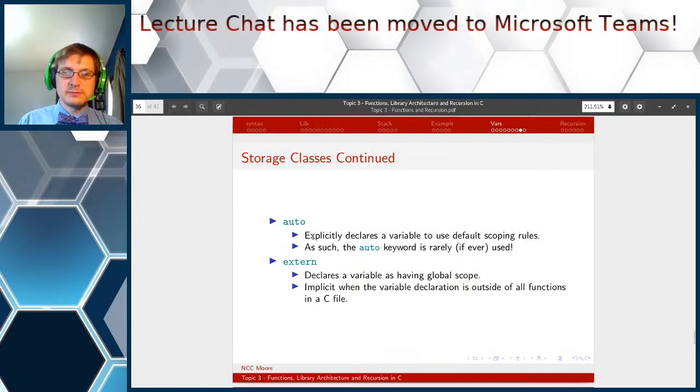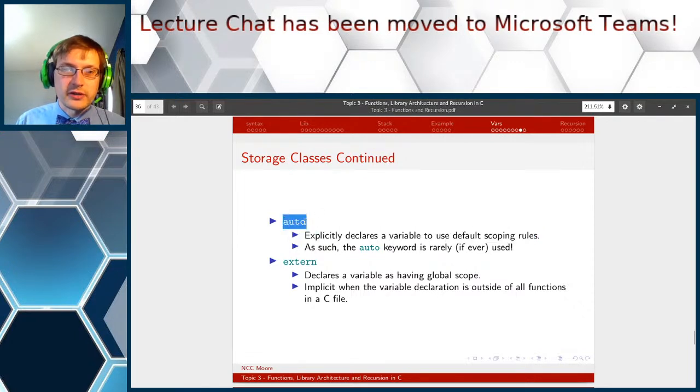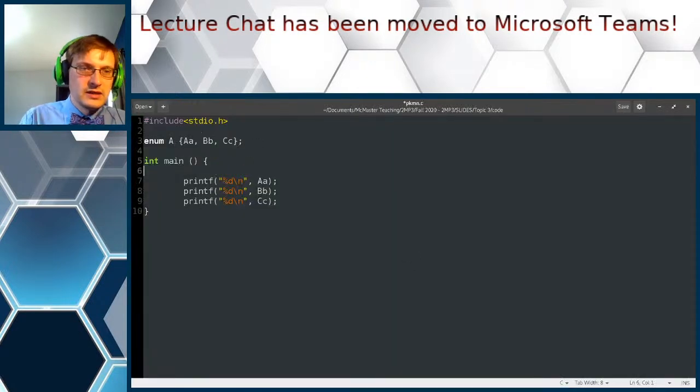You can actually explicitly declare a variable as being an automatic variable using the auto keyword. Rather than write int i equals 0, you would write auto int i equals 0.